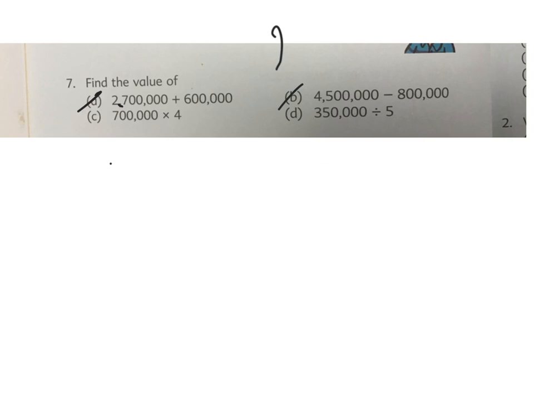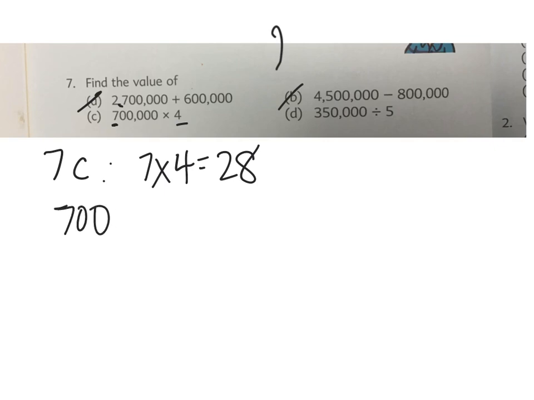All right, hopefully you already recorded your answers. So if you look at 7C, I want to look at 7 times 4. So 7 times 4 equals 28. Now I want to see what 700,000 times 4 would be.